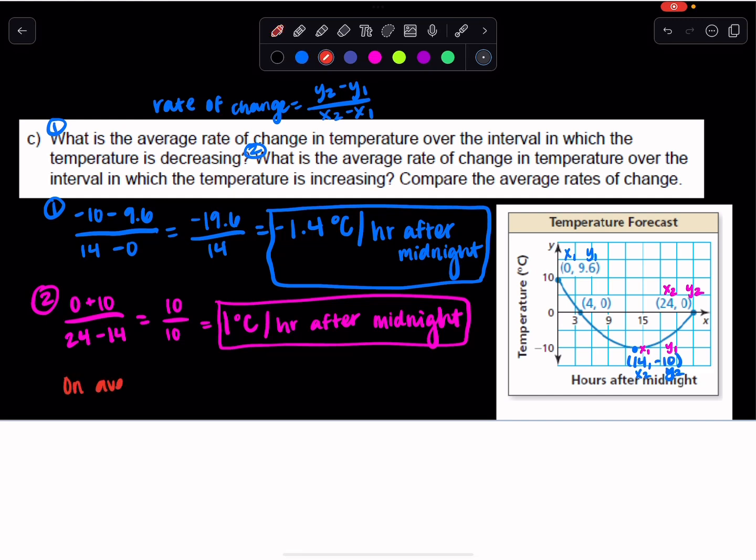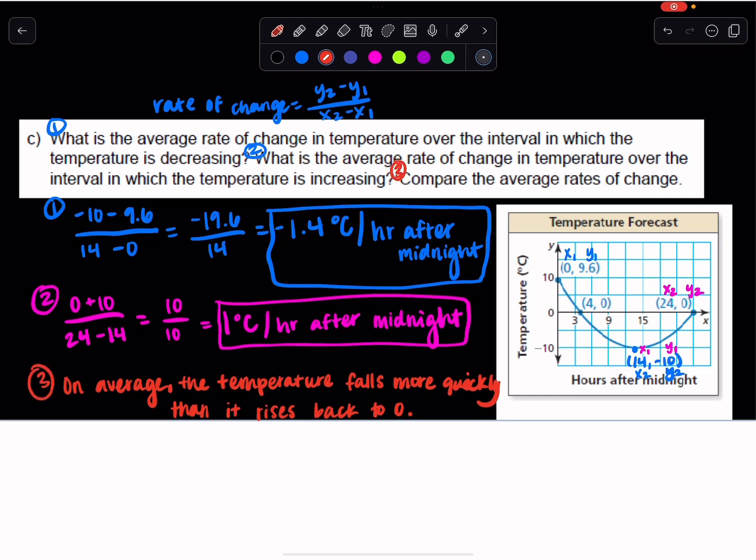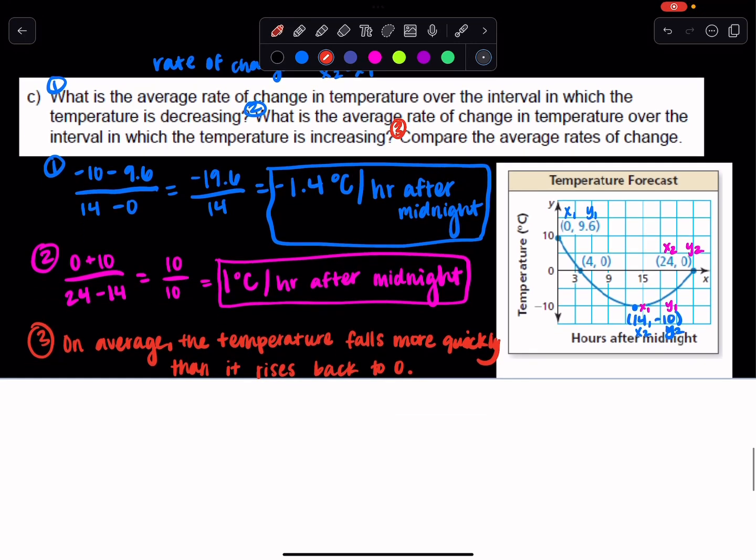So on average, the temperature falls more quickly than it rises back to 0. That's our third answer there. And that's it for 2.3.